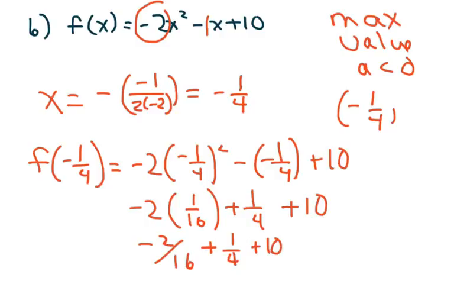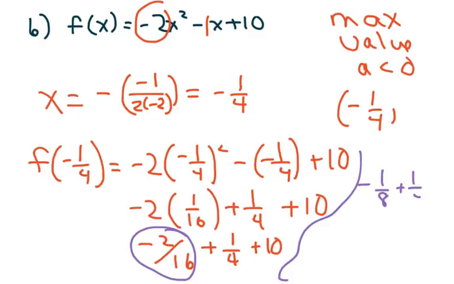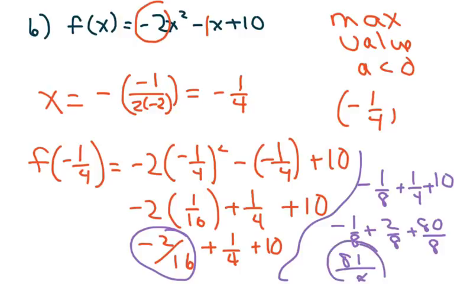So this is negative 1/8 here. Negative 1/8 plus 1/4 plus 10. My common denominator is 8, so I get negative 1/8 plus 2/8 plus 80 over 8, which gives me 81 over 8. Right? Yeah, 81 over 8.